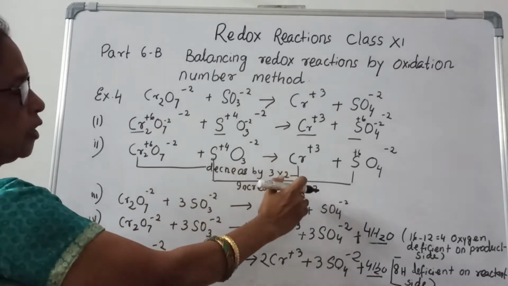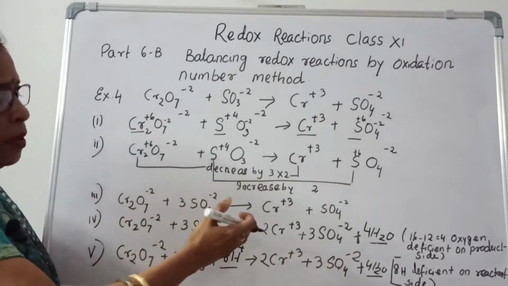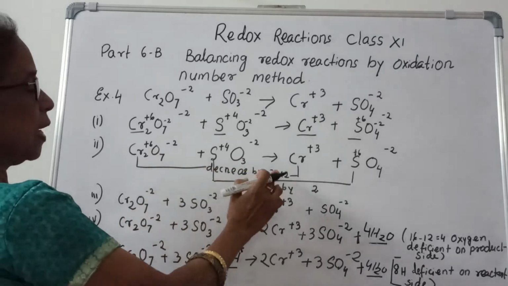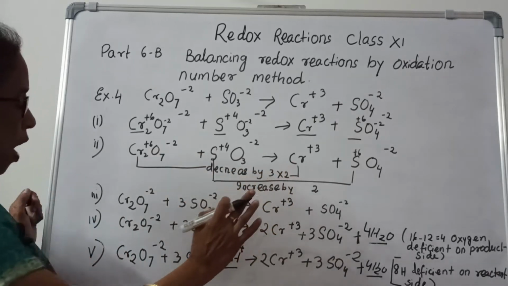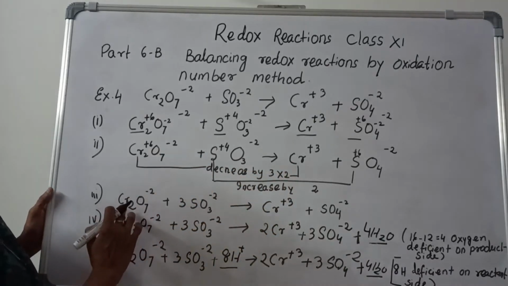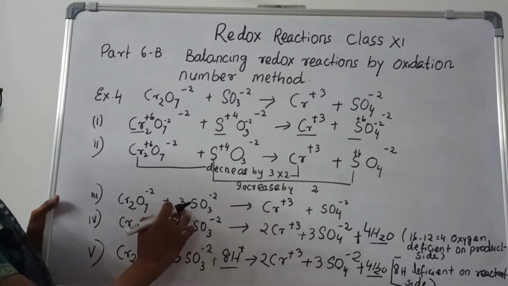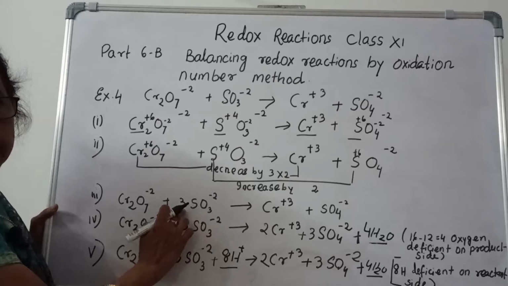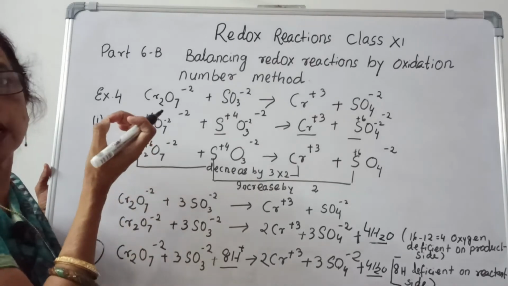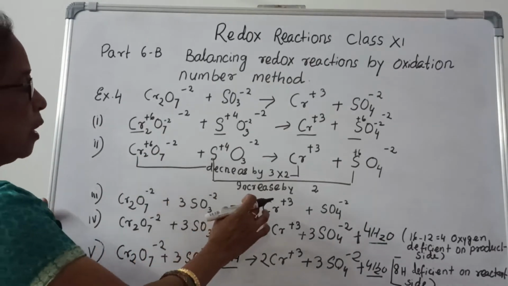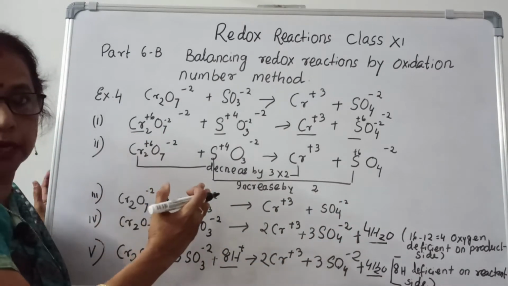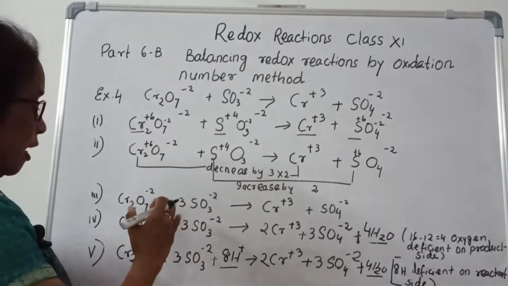Now you can check the 2 is common, that is why cancel, and what is remaining: this decreases by 3, it increases by 1, and that is why you have to put 3 here, because I told you simple digits you will multiply. Then oxidation number is equated only on the reactant side.